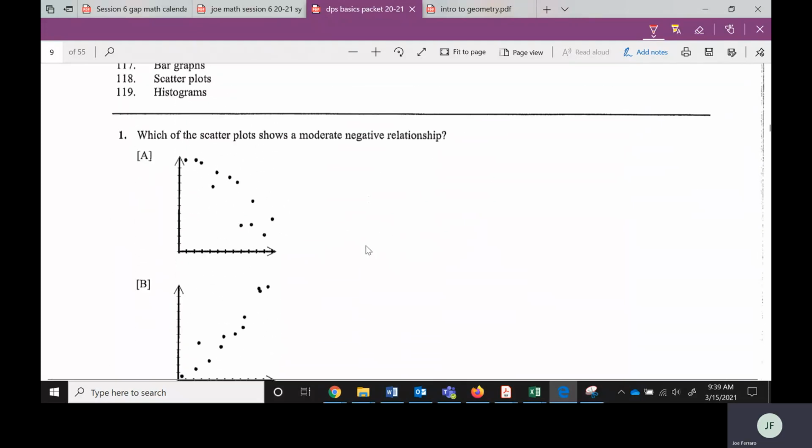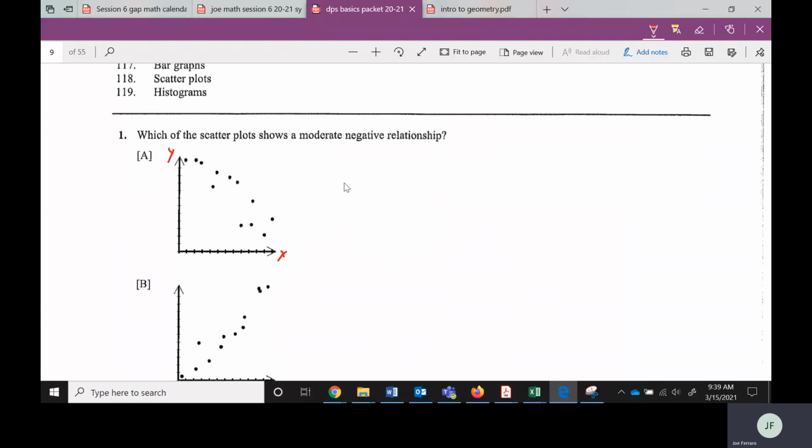So the first one, again, that's the y-axis, that's the x-axis. If we look at this pattern, y goes down as x goes up.